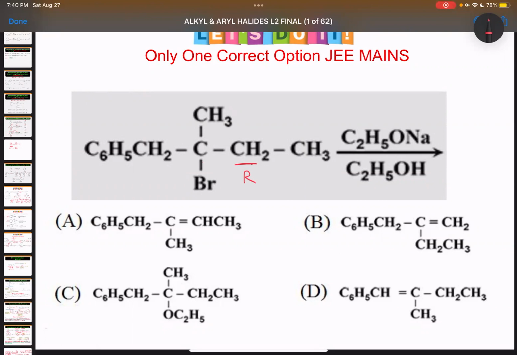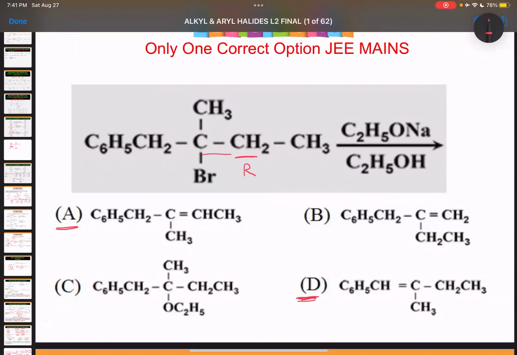But if you remove the H from the right hand side, you will get this product A. Is A the answer or D, the one which you told earlier? D only. Why D? Yeah, correct.